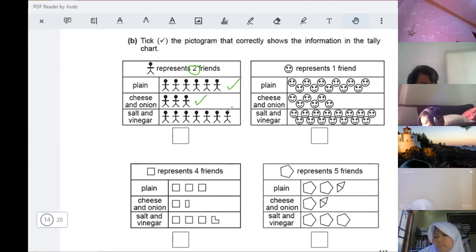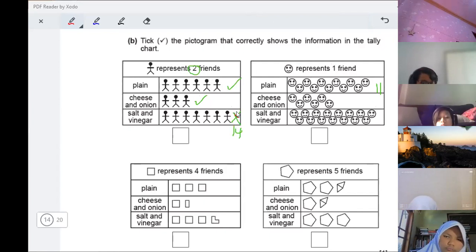Salt and vinegar is 15. It's not correct, it's not even. Kalau ini berarti 1, 2, 3, 4, 5, 6, 7. Ini baru 14. It's not correct. Then it's one friend. 1, 2, 3, 4, 5. Kurang ya. Ini 11. Bukan. Okay, this one is incorrect.